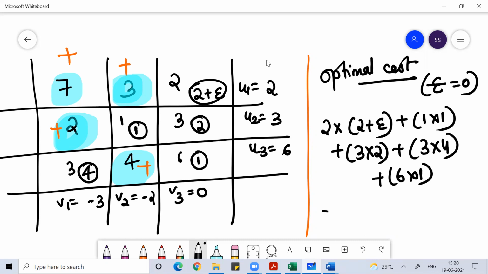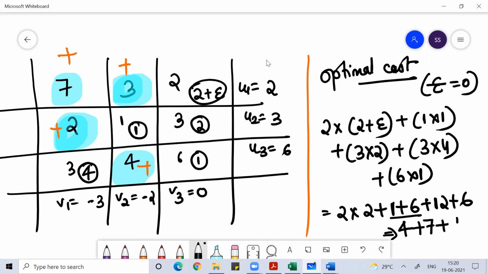So this is 4 plus 1 plus 6 plus 12 plus 6, which is 4 plus 7 plus 18. 4 plus 7 is 11, 11 plus 18 is 29. So the optimal cost would be 29.